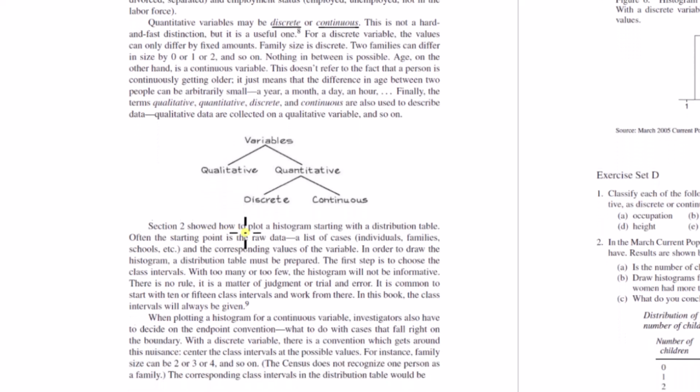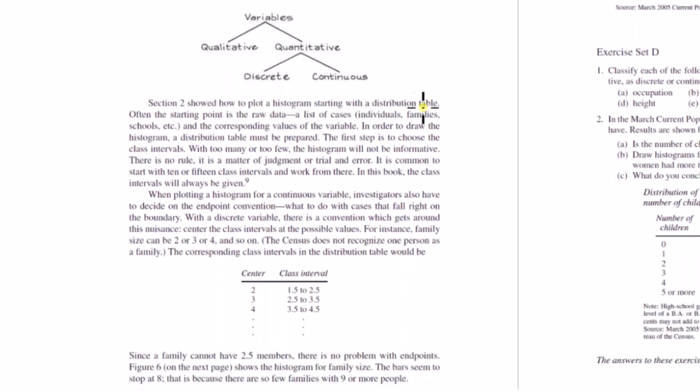Section 2 showed how to plot a histogram starting with a distribution table. Often the starting point is the raw data, a list of cases, individuals, families, schools, etc., and the corresponding values of the variable. You've got 5,000 data points, and each point says the amount of income.